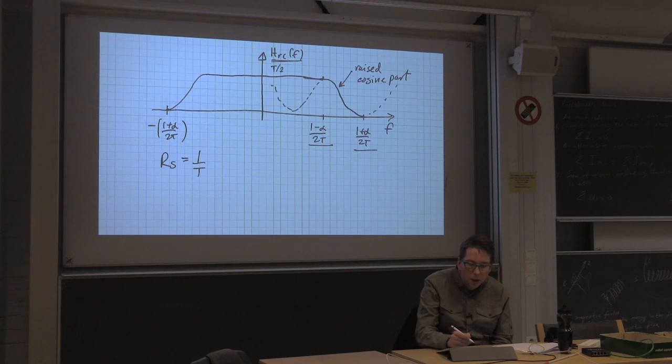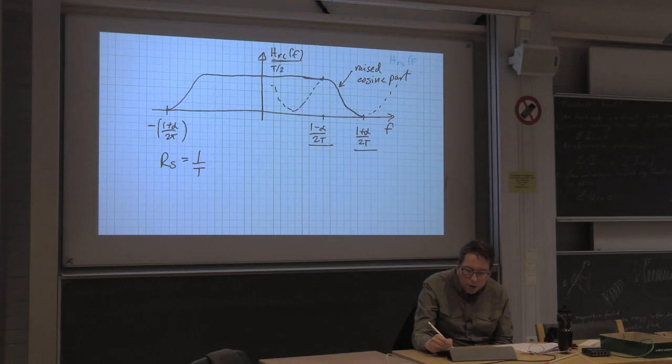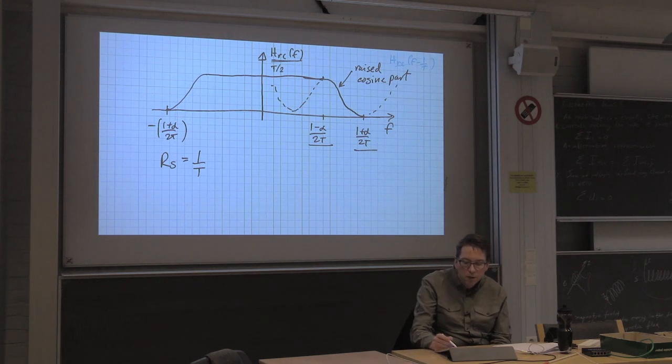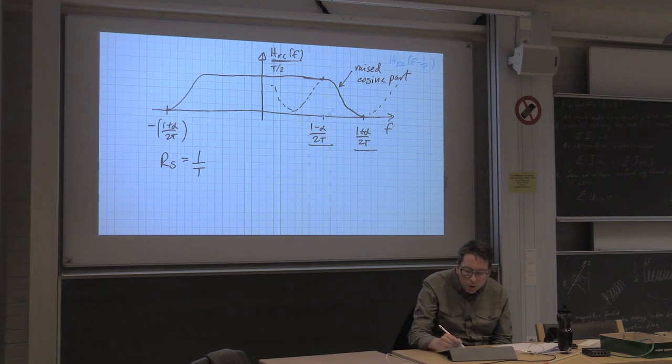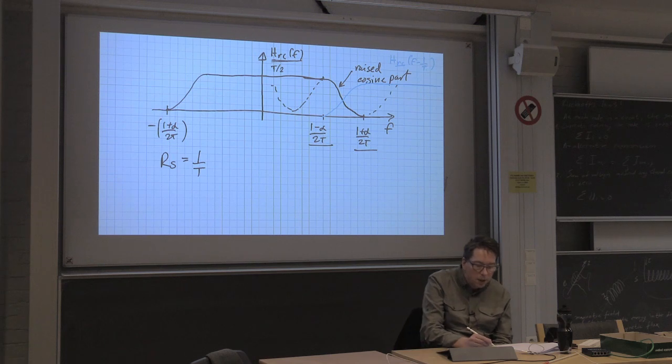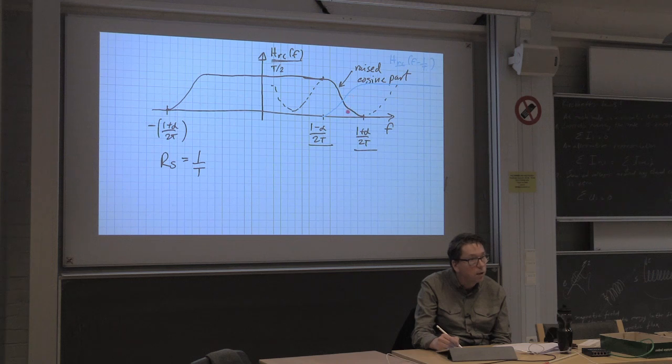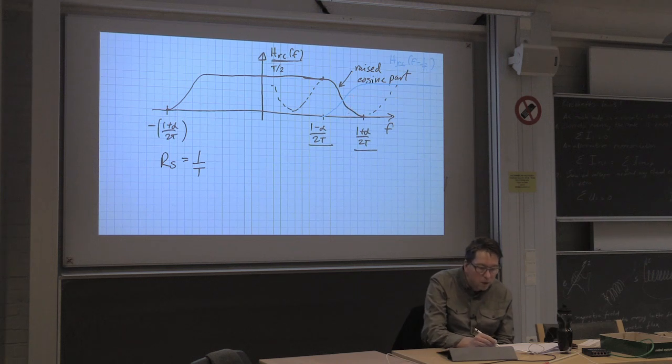If this is the next pulse in the sum in the Nyquist criterion, it's the raised cosine frequency pulse centered around 1 over 2T, and that will look something like this. It's a cosine like that, and then it becomes a constant like this. In the overlap between these pulses, we have two cosines, and if we add them, we get a constant.